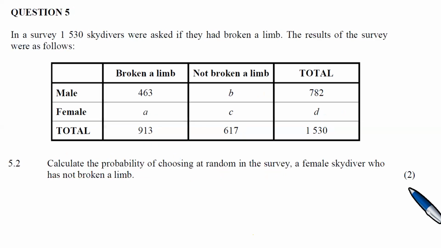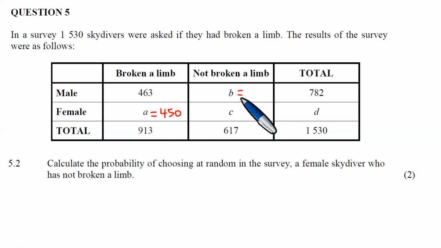Next question. We have found the numerical values of A, B, C, and D, and we can even quote them here. We need to now calculate the probability of choosing at random in the survey a female skydiver who has not broken a limb. So we analyze that one together. Let's first start with A. A is a number which you can add to 463 to get 913, and we saw that A is 450, because 450 plus 463 is 913.